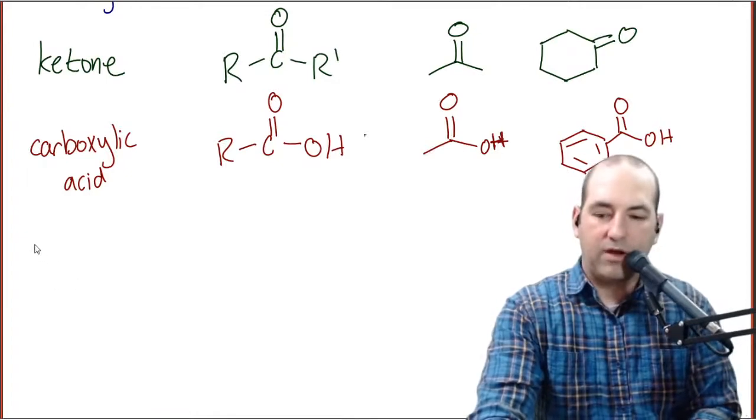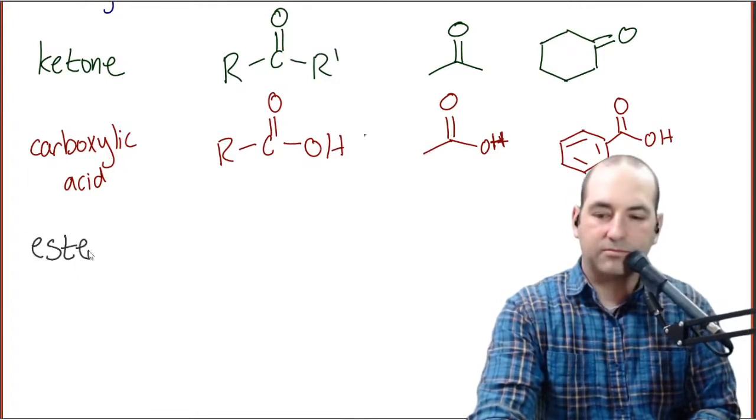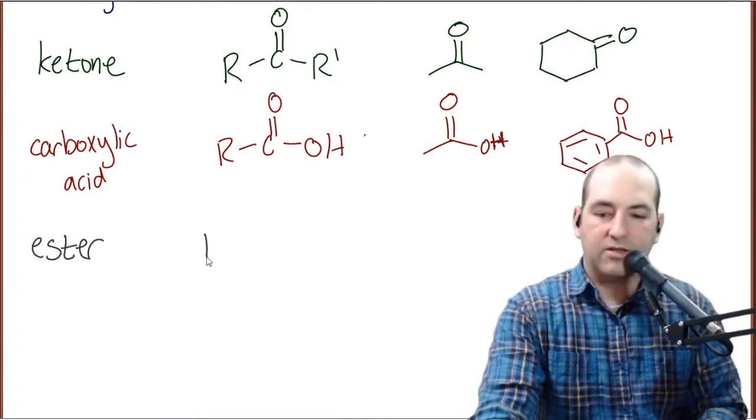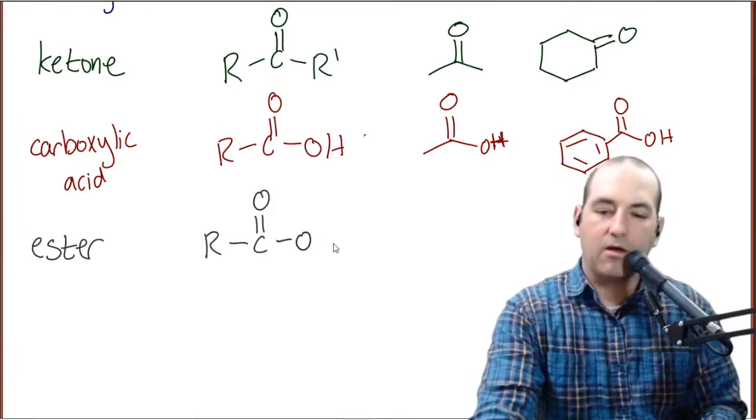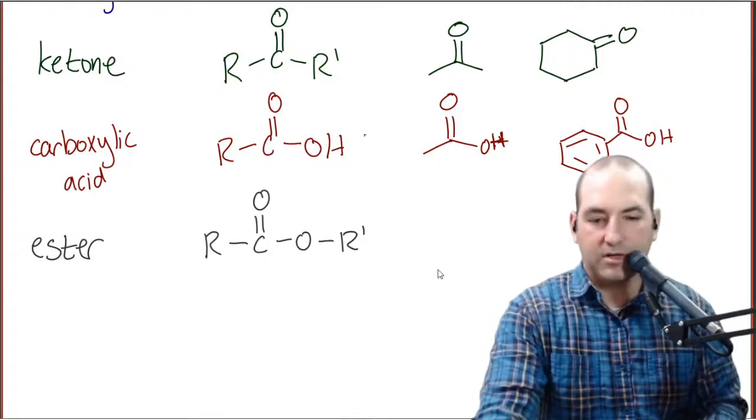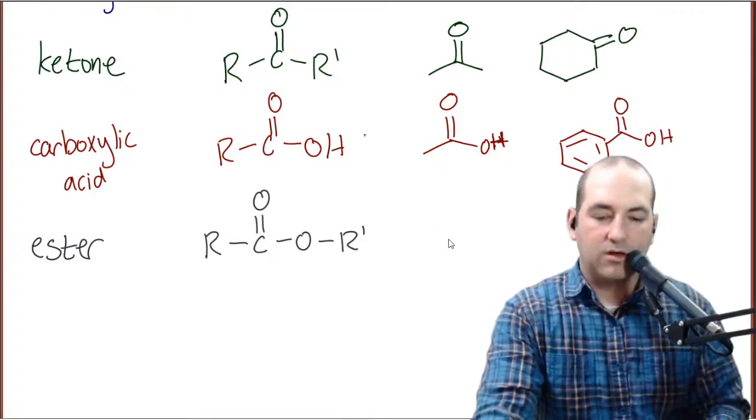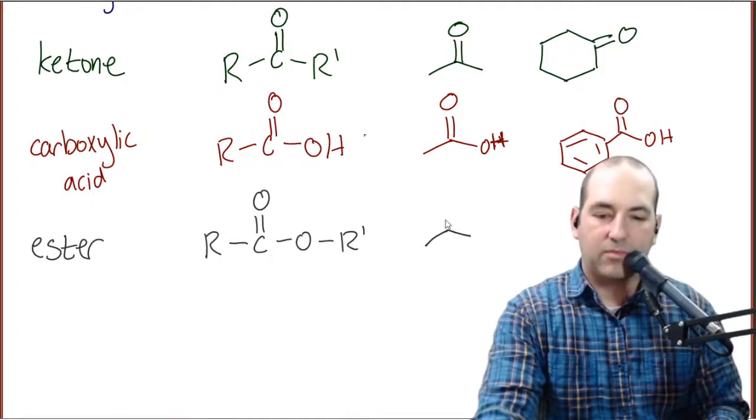All right, moving on from there, we have the esters. An ester is very similar to a carboxylic acid, but instead of having an OH, it has an O with then more carbon attached. So you could have an ester something like this.